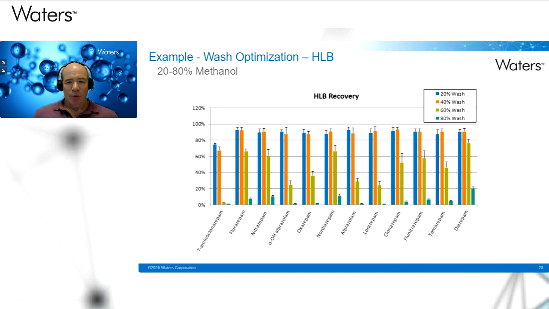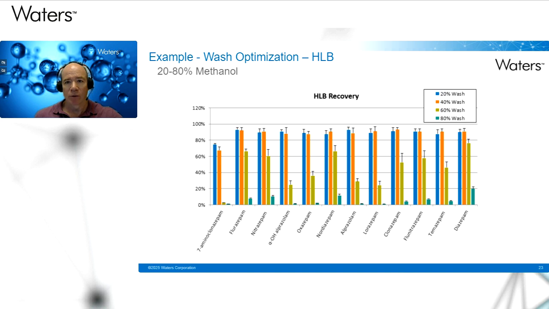To show an example of this, here's an experiment we did a few years ago where we're looking at optimizing washes for a number of benzodiazepines on Oasis HLB. As you can see, our wash step consists of 20, 40, 60, or 80% methanol. If we look at 20% and 40%, we got good recovery for all of our analytes.